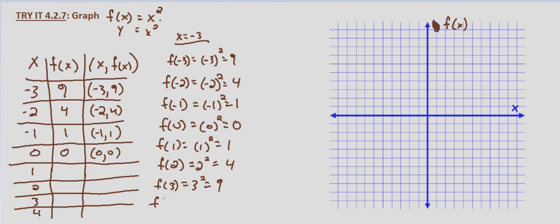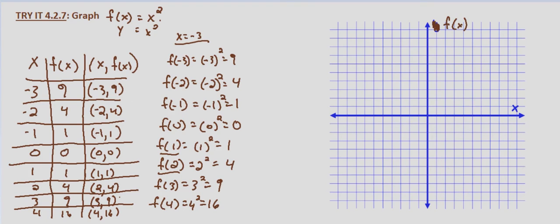And f of 4 is actually going to be off our graph because that equals 4 squared, which equals 16. So our corresponding points would be (1, 1) from f of 1, (2, 4) from f of 2, (3, 9) from f of 3, and then (4, 16) from f of 4.